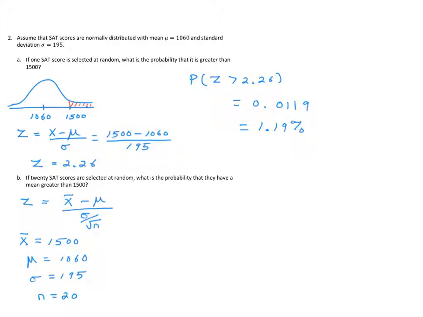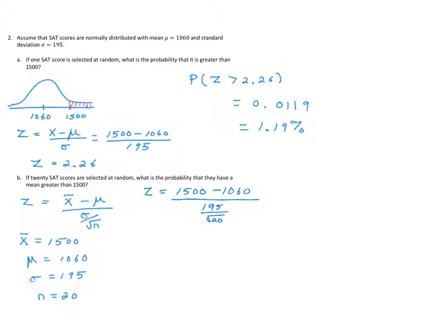So we're going to do almost the same thing. Instead of using this formula, we're using this one, but once we get this value, our computation will be done in StatCrunch using something like this. So let's simplify this carefully. Z is equal to 1500 minus 1060, all divided by 195 divided by the square root of 20.